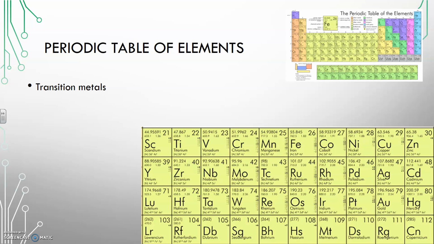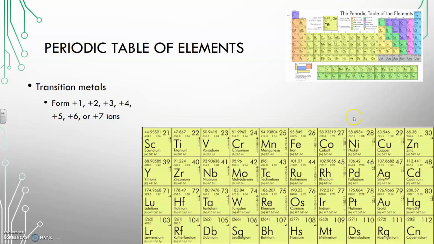Next up, we have the transition metals. The transition metals are kind of weird. You'll notice that they don't necessarily seem to fit in with the rest of the periodic table. They're kind of lower down a little bit. These metals actually will form multiple different ions.